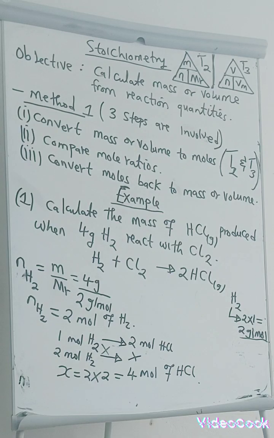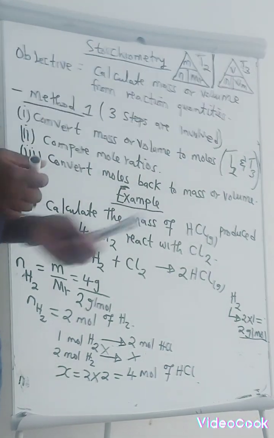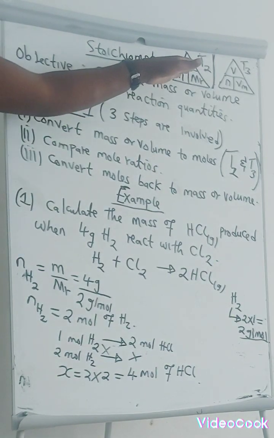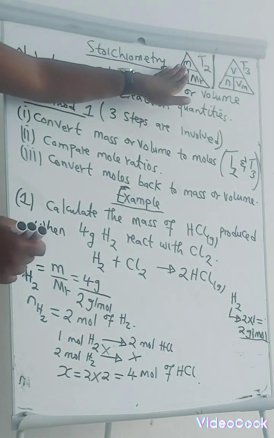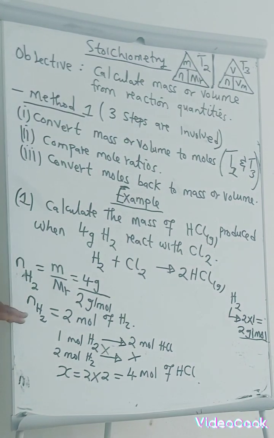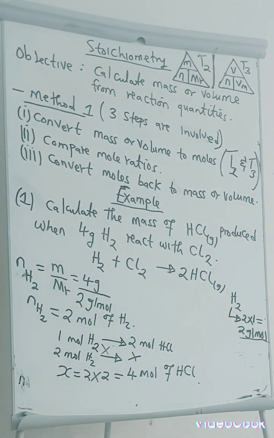So we use T2 first to convert to moles: number of moles is mass over molecular mass of hydrogen. Then we compare the mole ratios like that.